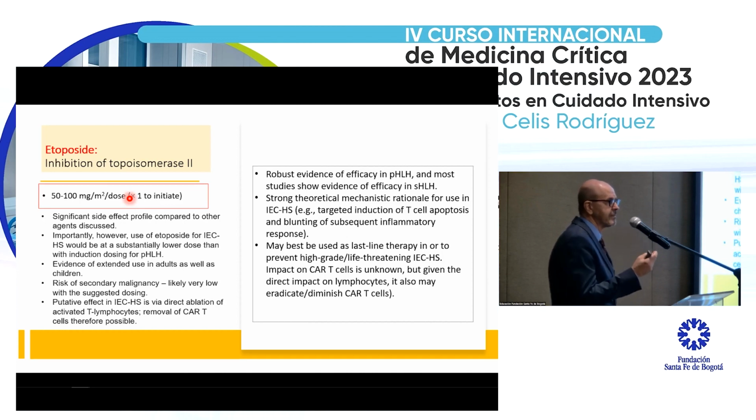So if you are treating the patient for cancer and you're giving CAR T cells, you don't want to destroy the CAR Ts. You want to control the inflammatory response without destroying the CAR T cells. But if you don't have any other option, what you do is you use etoposide, or you can use one of those monoclonal antibodies to switch off the CAR T cells. You can turn them off if it's necessary.